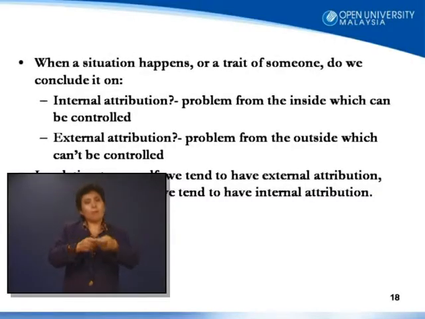And because the person does not have any control, usually when you attribute to external attribution, you forgive that person or you let it pass. But if you attribute it to internal attribution, you blame that person, you expect that person to take responsibility.